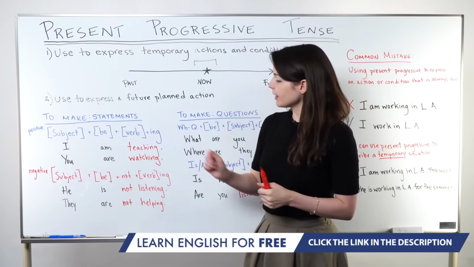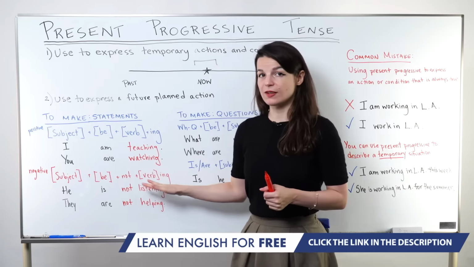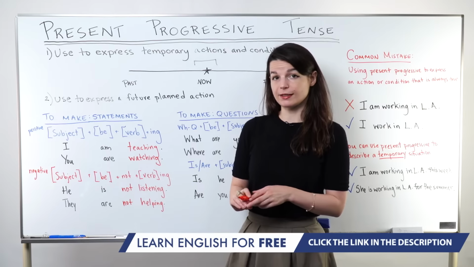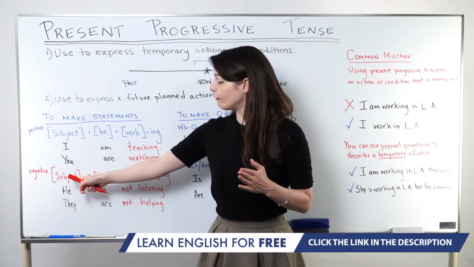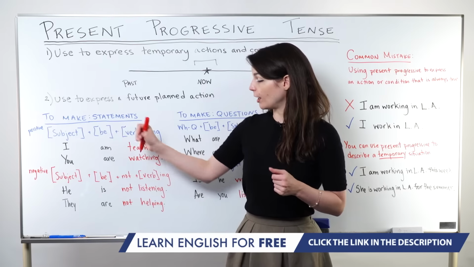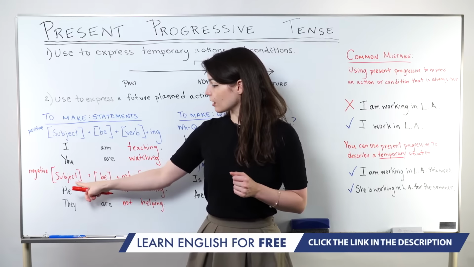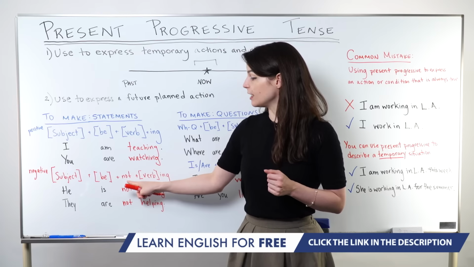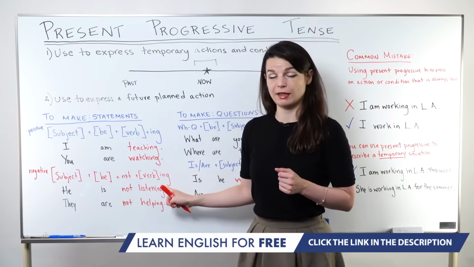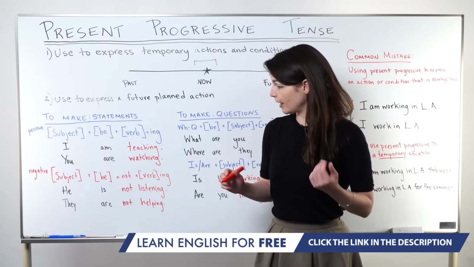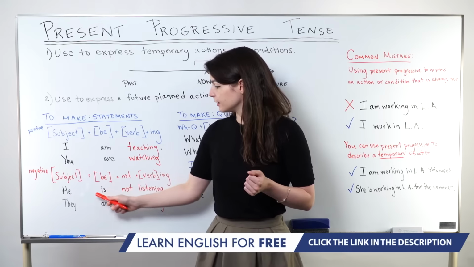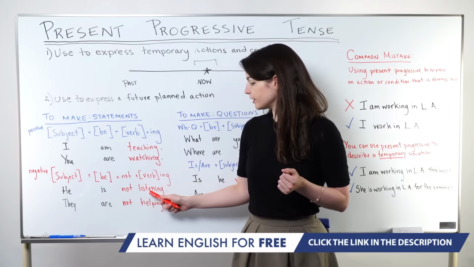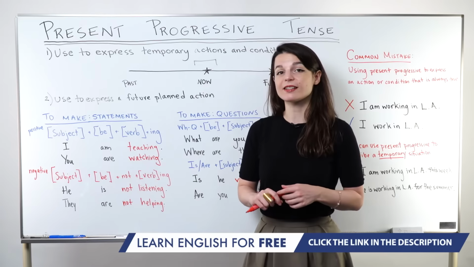Okay, so let's compare this to negative statements. To make a negative statement, we follow a very similar pattern to the positive pattern. We use subject plus be, and then we use not before the verb in the ing form. So some examples. He is not listening.